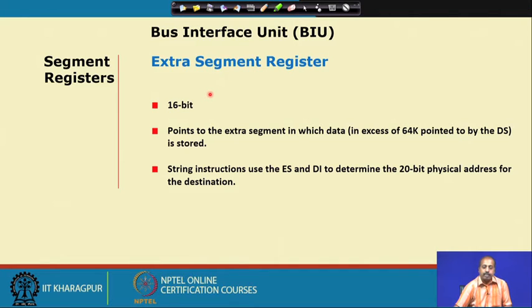Another segment register has been provided, which is called the extra segment register. This extra segment register is sometimes useful, because instead of having a single data segment, we may have two data segments.